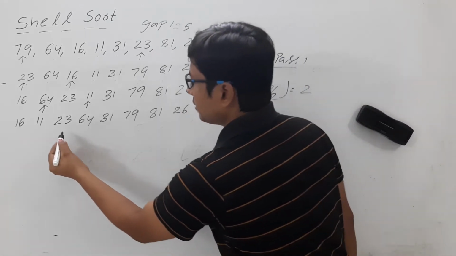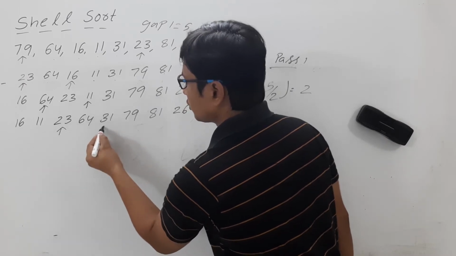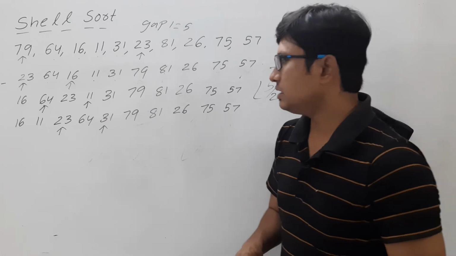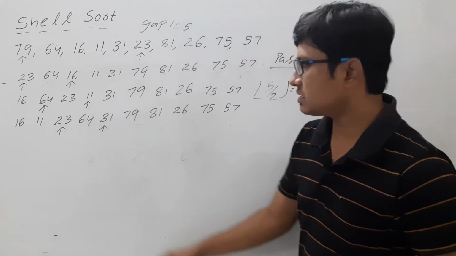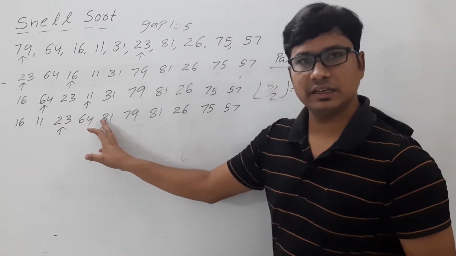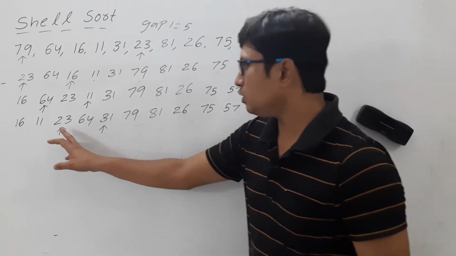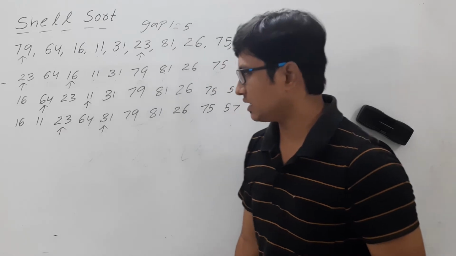Now I need to compare 23 with 31. 23 and 31 are in the appropriate position. How can I say? 23 is less than 31, so I no need to perform the swapping. And similarly you need to look at the backward direction also.